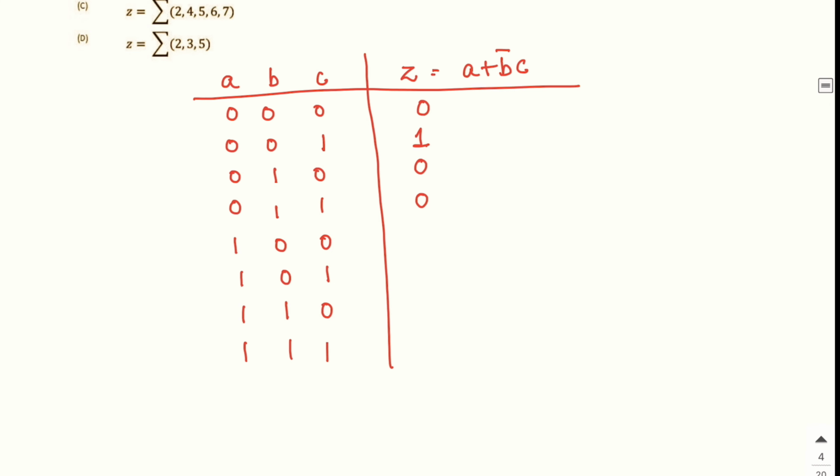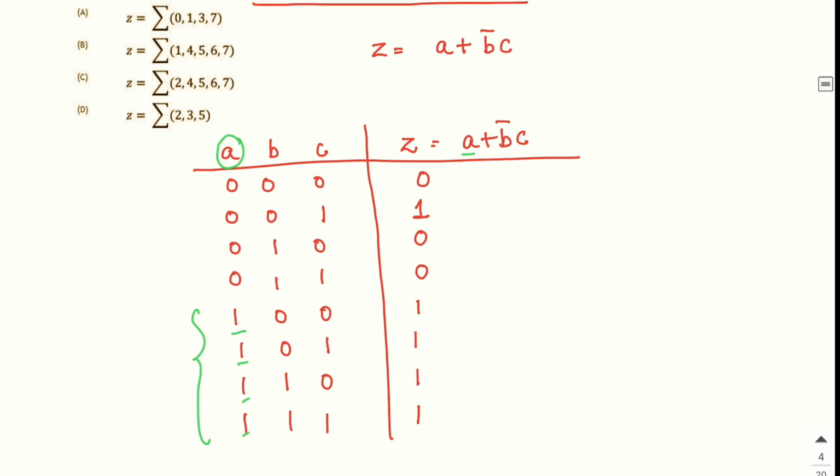Now in the last 4 cases you actually don't need to solve the equation because you know that the value of a is equal to 1 in each one of them, and a is coming over here. So in this expression, whenever a is equal to 1, whatever be b bar c, the value of z will always be 1. So I need not solve it, and I can just quickly write down that the answer is going to be 1.